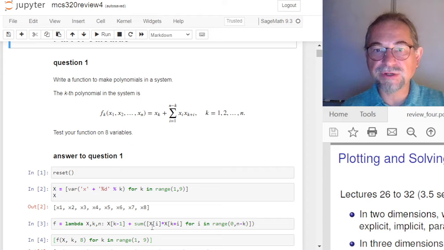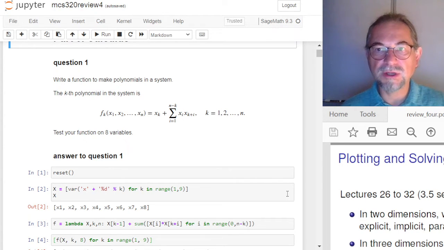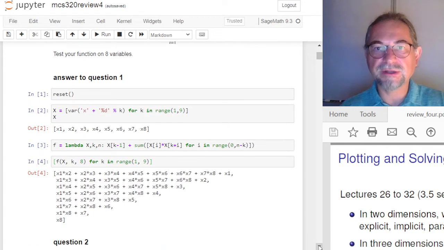Note that there is a difference between the little x, which is the representation of the letter that is used for the variables, and the capital X, which is the list that stores all the variable names. Okay, and then we test this for 8 variables. I'm running a list comprehension, and here you see the polynomial system that is defined by this function.